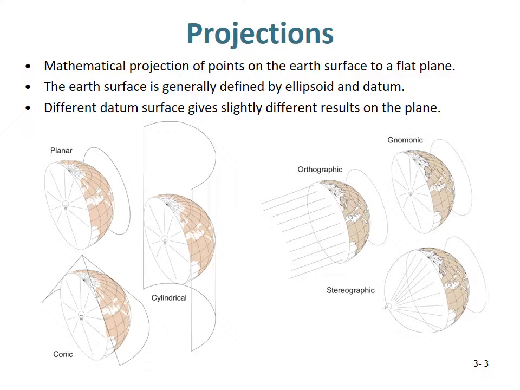Over on the right, we've got terms that refer to the position of the light source. If it's in the center of the planet, we call that gnomonic. If it's far away from the planet, we call that orthographic. Think of the sun as being the source of light; that would be an orthographic projection. Stereographic would be putting the light source on the opposite side of the planet's surface.